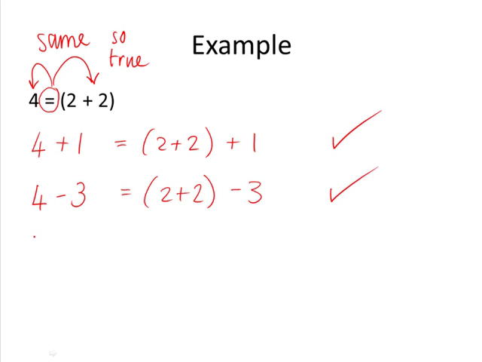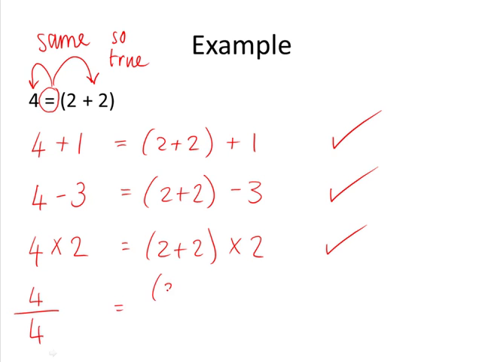I could multiply both sides by something like 2. 4 times 2 equals 2 plus 2 times 2. Now I'm saying 8 equals 8. Obviously, that's true. I could divide both sides by the same number, maybe by 4. 4 divided by 4 equals 2 plus 2 divided by 4. That's the same as saying 1 equals 1.